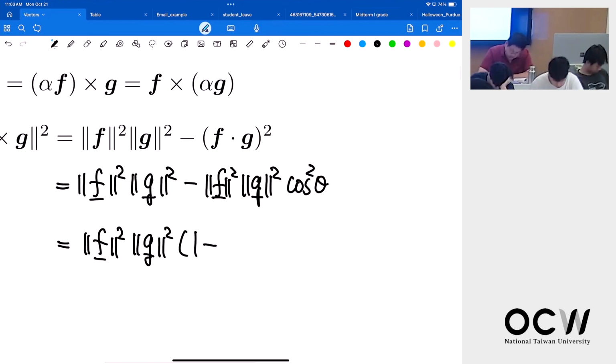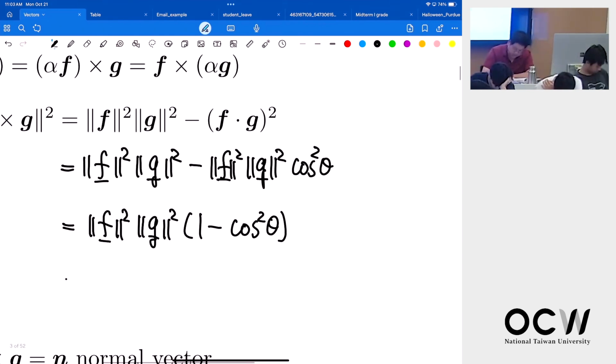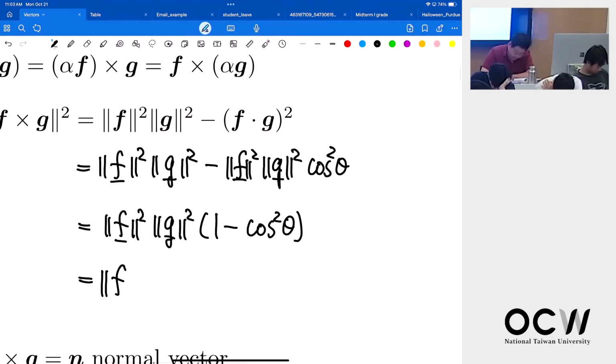And it should be 1 minus cosine square theta. So the result will be the product of the norm squares times sine square theta.